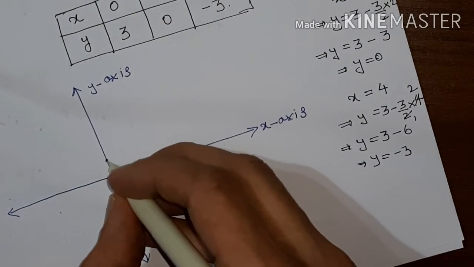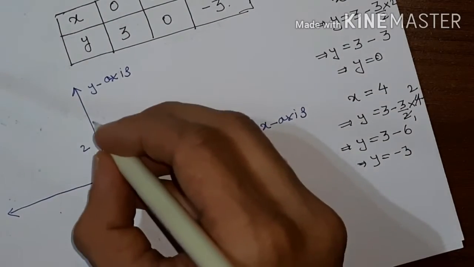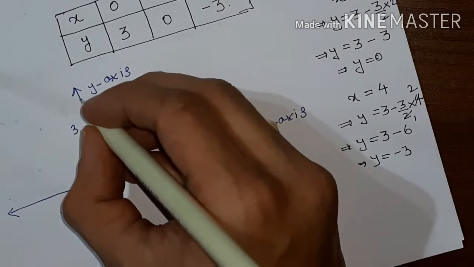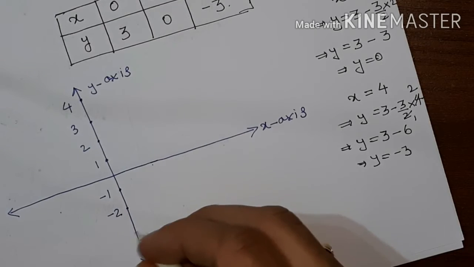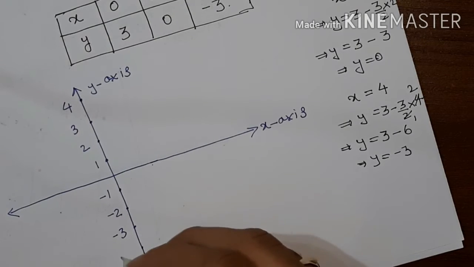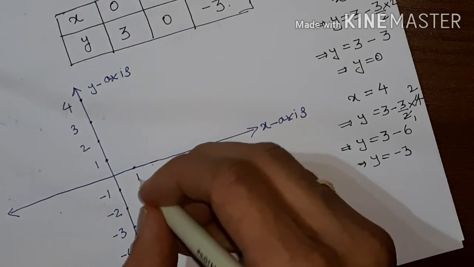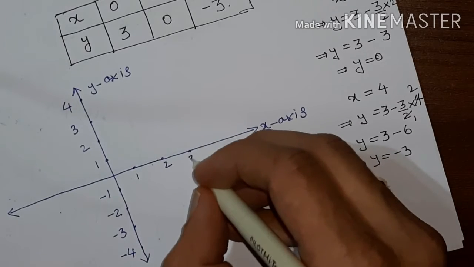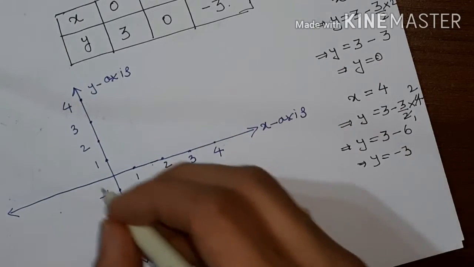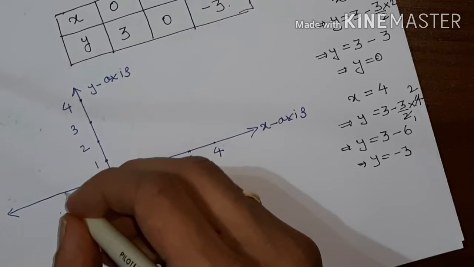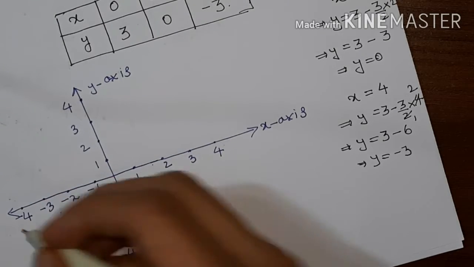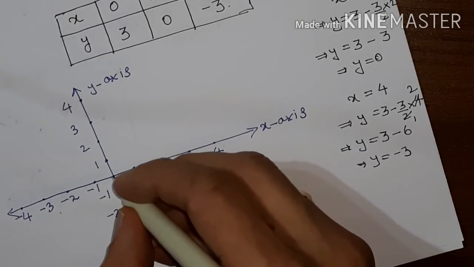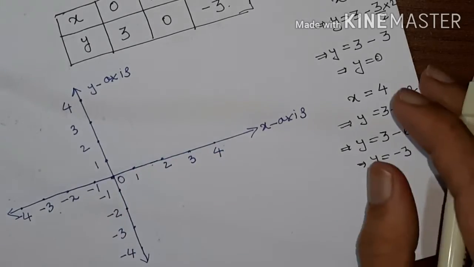Now this is 1, 2, 3, 4, here minus 1, minus 2, minus 3, minus 4, and 1, 2, 3, 4, minus 1, minus 2, minus 3, minus 4. Okay, and this is the origin.